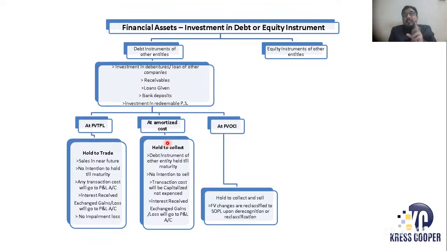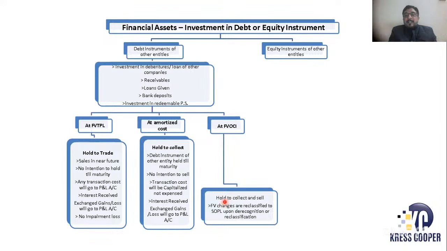The amortized cost method will be used when the model is hold to collect and contractual cash flow is SPPI. This is the case when a debt instrument of another entity is held till maturity with no intention to sell. Transaction cost will be capitalized, and interest received, exchange gain, etc. will be recognized in profit or loss. Interest income will be recognized in profit or loss. But if it is held for trading, this investment in debt instrument will be measured at fair value through profit or loss.